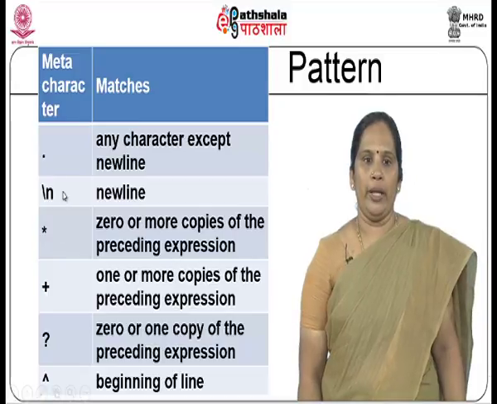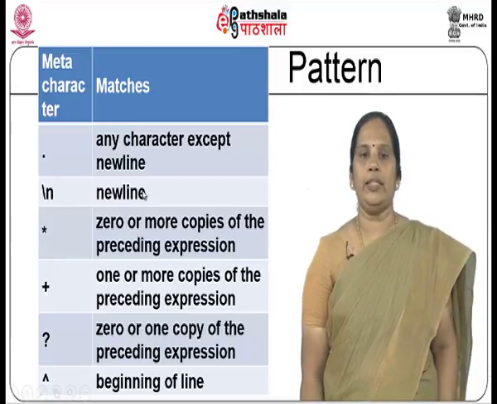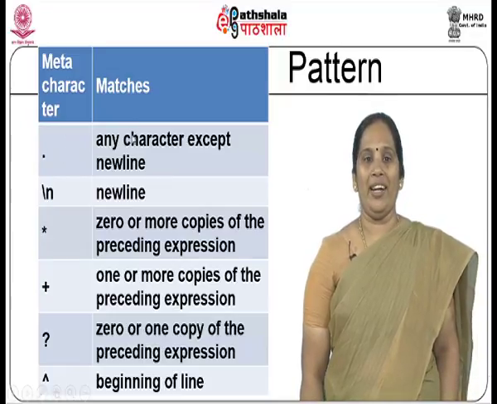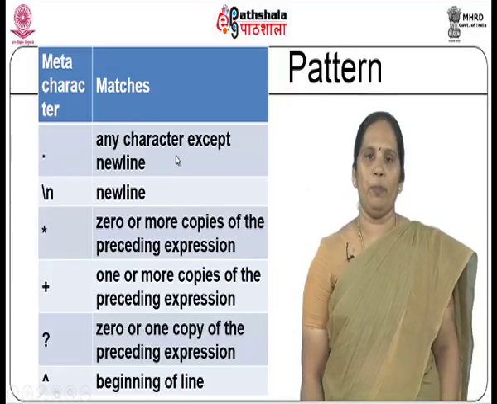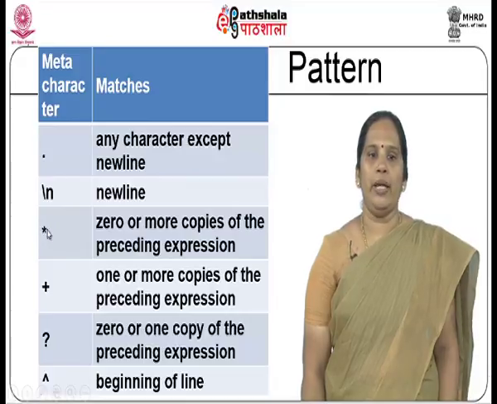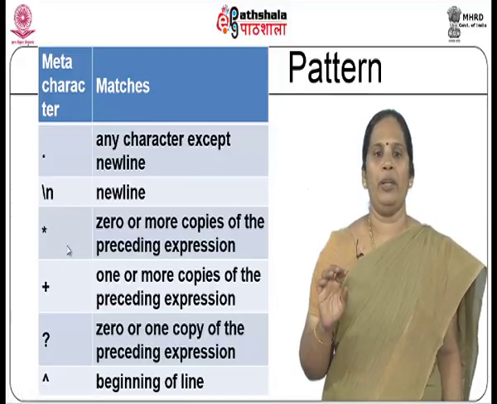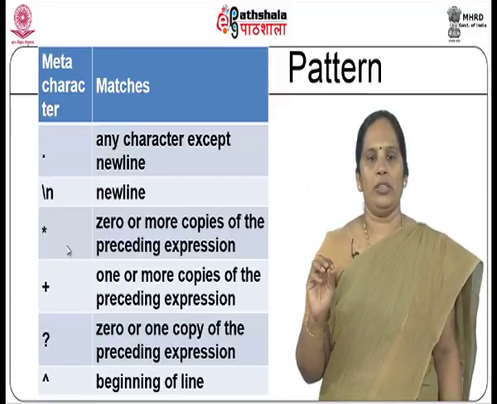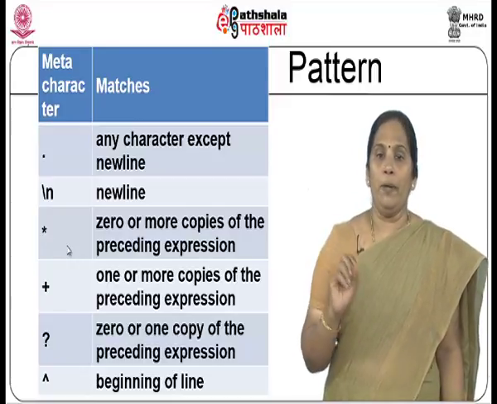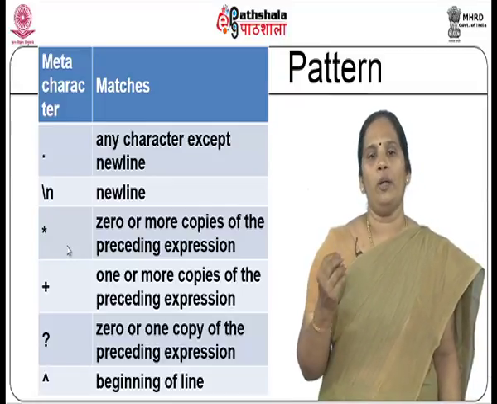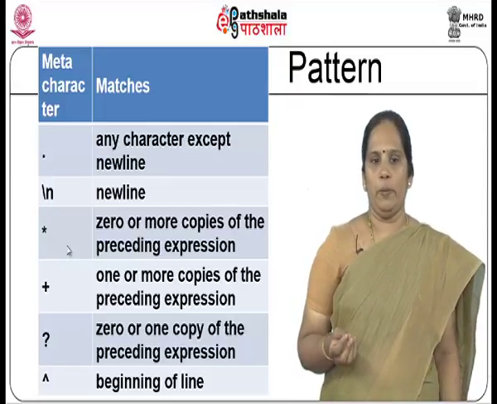translation rules. Now, \n indicates a new line, this we already know. Dot is a meta character that matches any character except new line. Star is the same star we already know, the Kleene closure operator, meaning 0 or more copies of the preceding expression. Plus means the positive closure, which is 1 or more copies of the preceding expression.